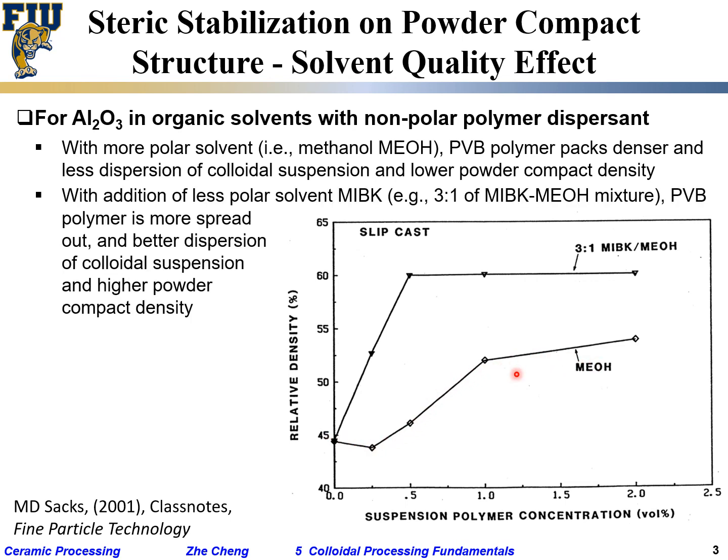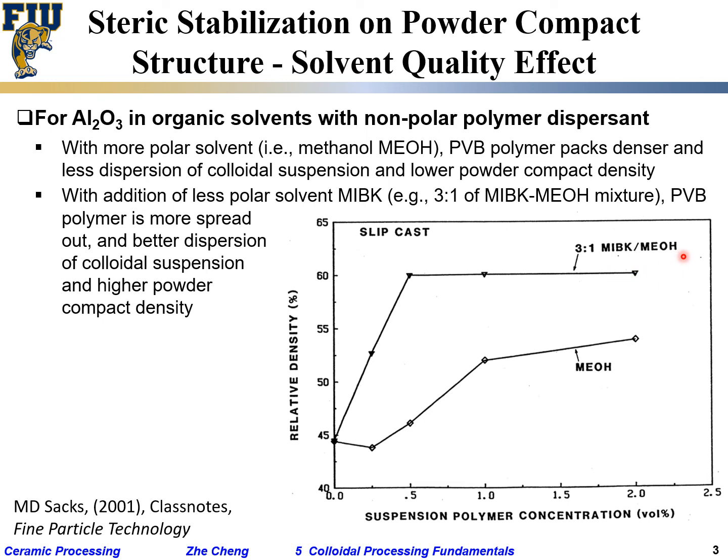On the other hand, if we add a less polar solvent, this MIBK solvent, into the methanol, we're making the solvent more and more nonpolar, which means the PVB now really feels at home with this solvent. Means what? PVB would stretch out more.